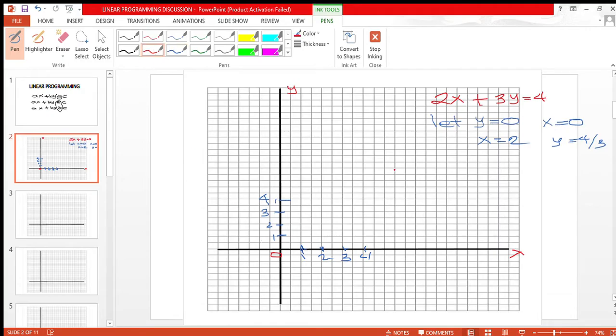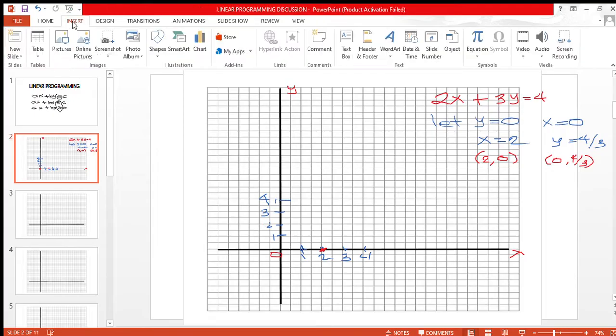For our ordered pair, x will always be first. We have 2, 0. And for this ordered pair, we have 0, 4 thirds. Plotting now those points on our Cartesian plane, x is 2, y is 0. It will be located here. The other one is 0, 4 thirds, or that's 0, 1 and 1 third. So that will now be the location of the point.